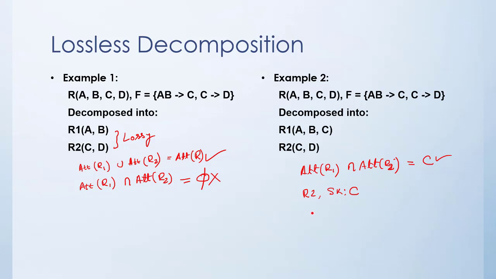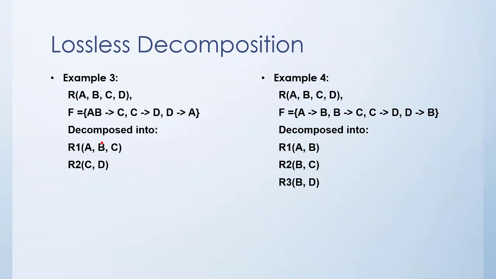As C is the super key in R2, my condition ATT R1 intersection ATT R2 determines R2 is satisfied. As the third condition is also satisfied, we can say that this decomposition is lossless.